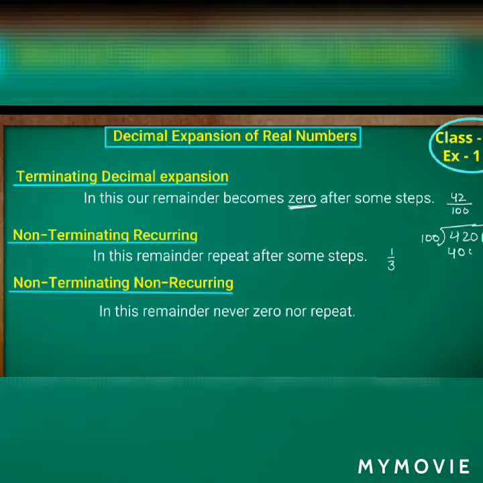So exactly 0.4. 100 4s are 400, so the remainder is 20. Again I'll take one more 0, so 100 2s are 200 and we are going to get the remainder 0.